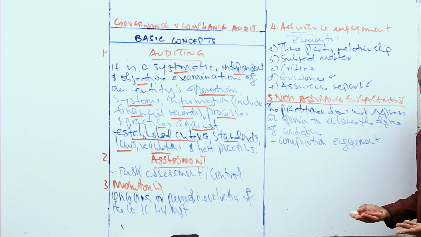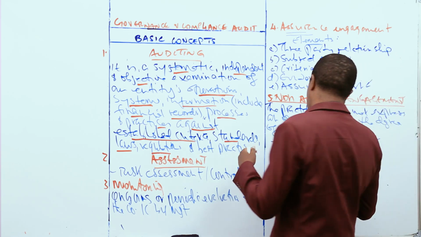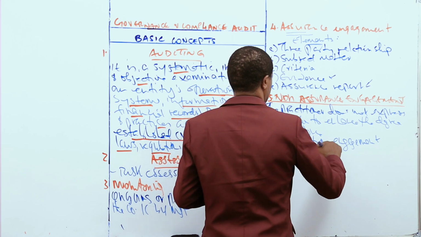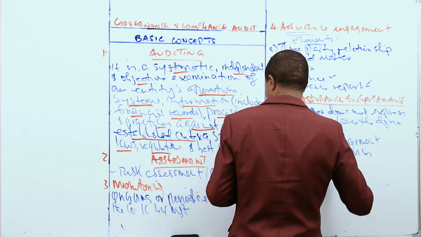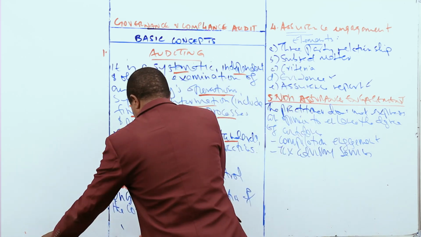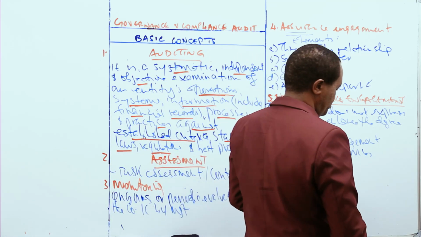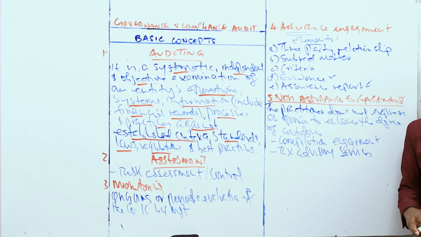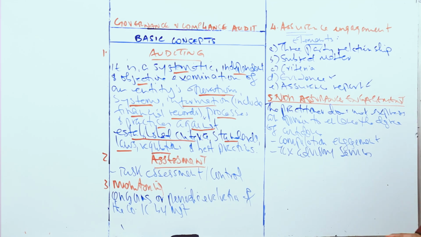Another example is tax advisory services. When a practitioner provides tax advisory services, the practitioner does not give any confidence.